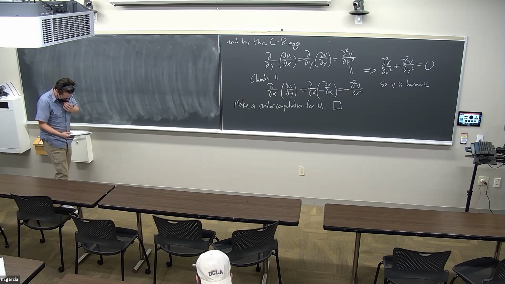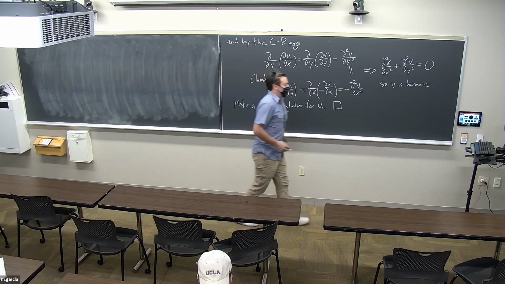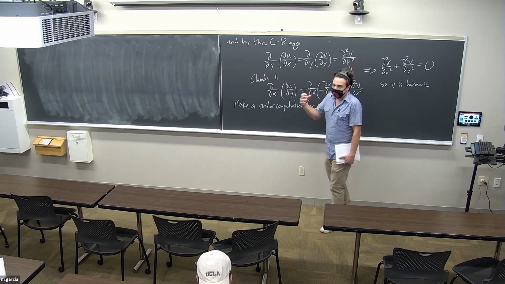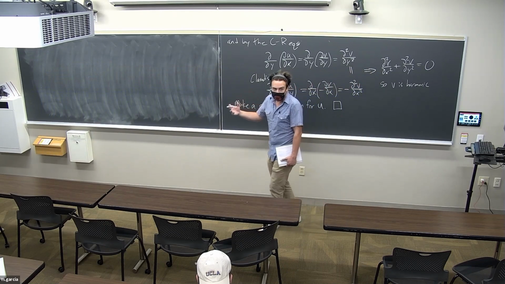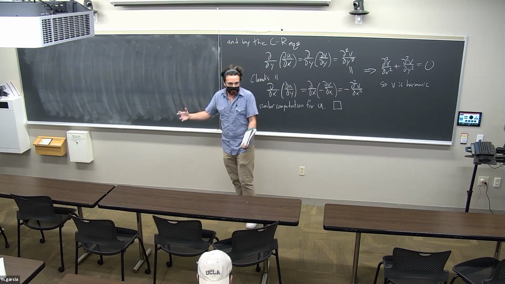So, here's the question. Can we go in the opposite direction? Given a harmonic function, can we construct a partner for it to get a complex analytic function? Okay?